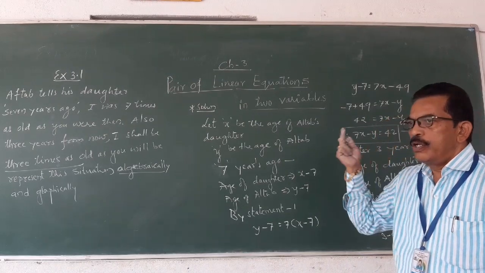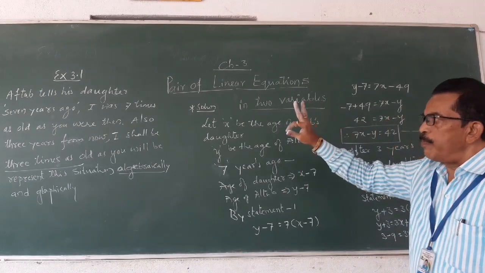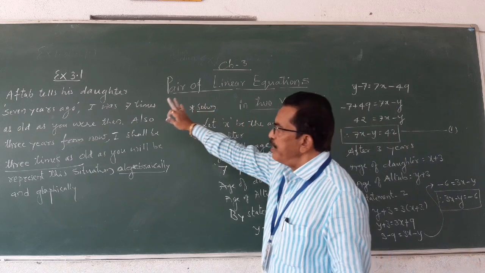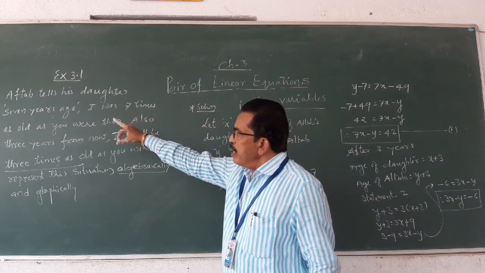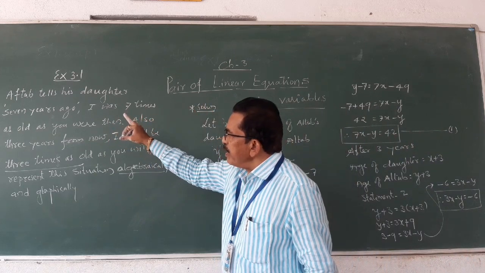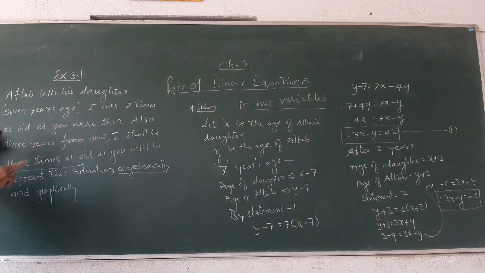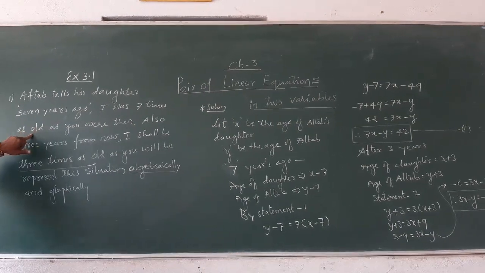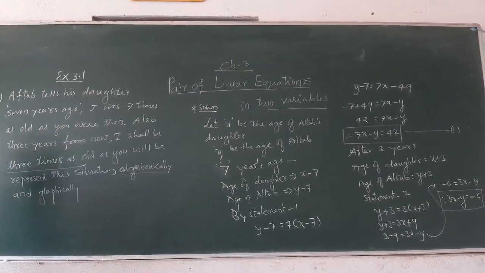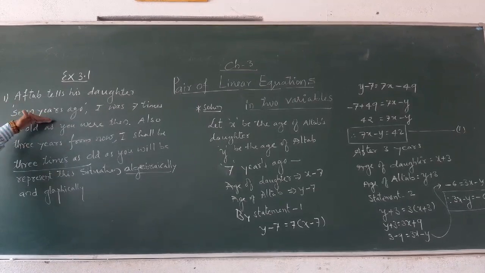See, such types of problems we have to read the question clearly. Aftab tells his daughter 7 years ago, I was 7 times as old as you were then. Here all the verbal statements will have to be converted into mathematical statements. You have to consider the two variables because we are solving linear equations of two variables.